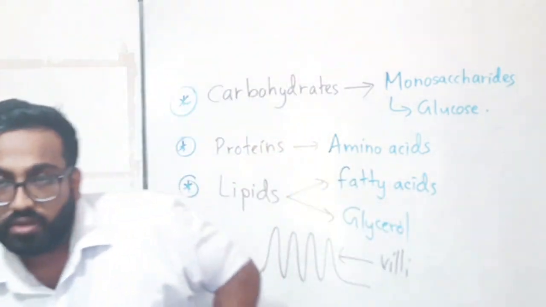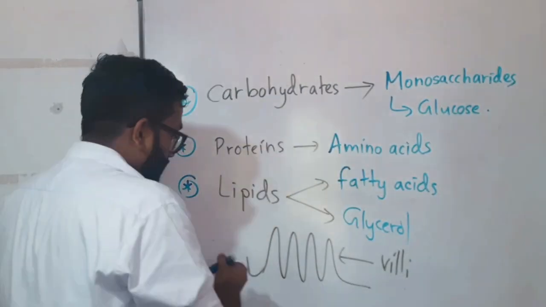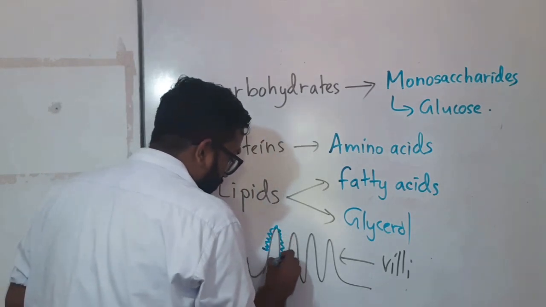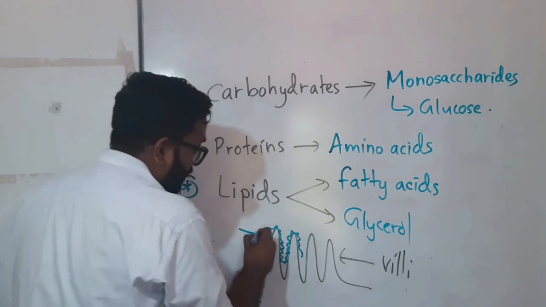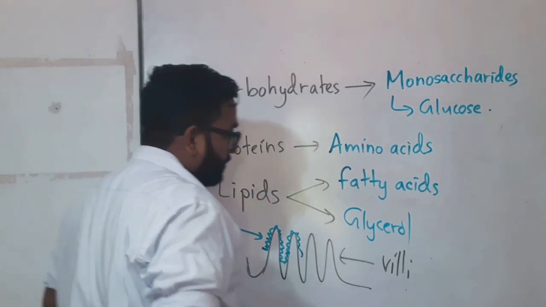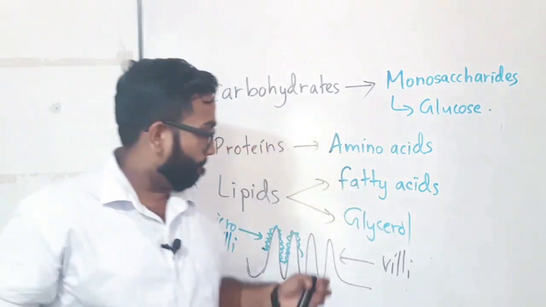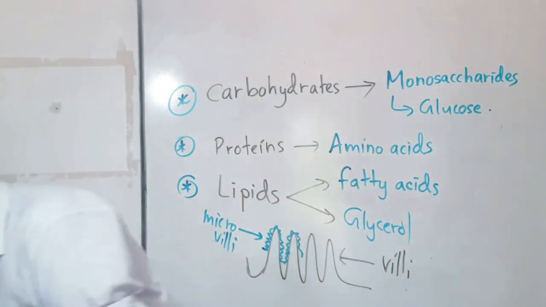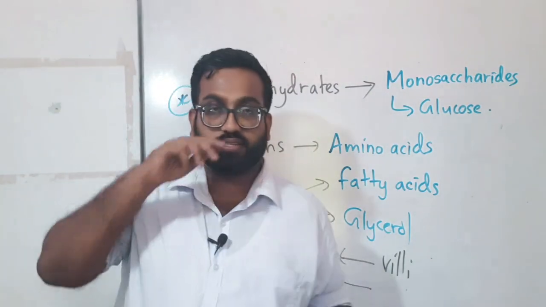Children, on these villi, these all are microscopic, not visible to the naked eye, there is another little structure known as microvilli. So both answers can be accepted, presence of villi or presence of microvilli, right?